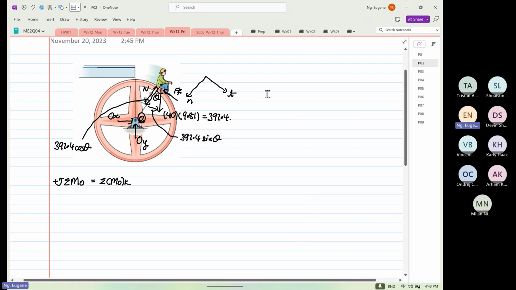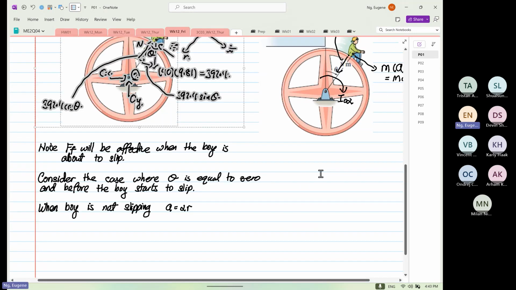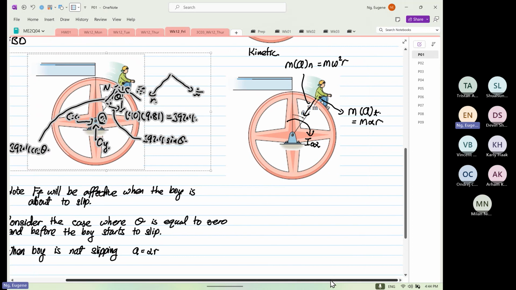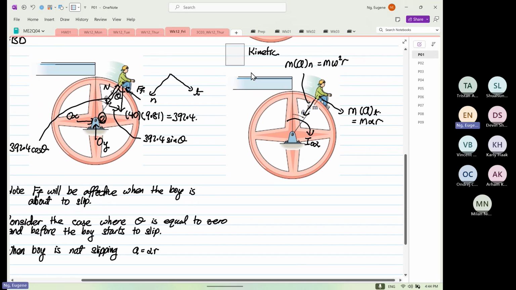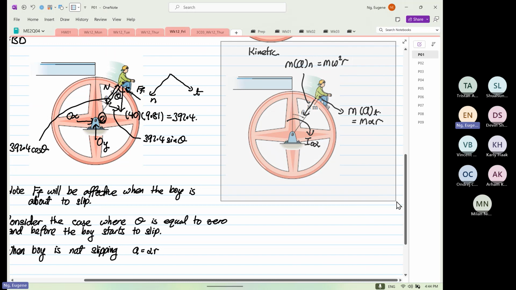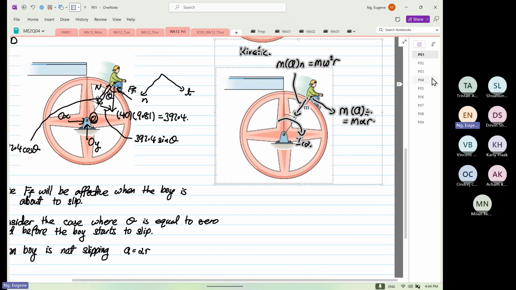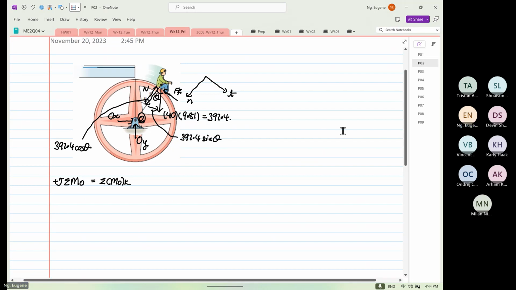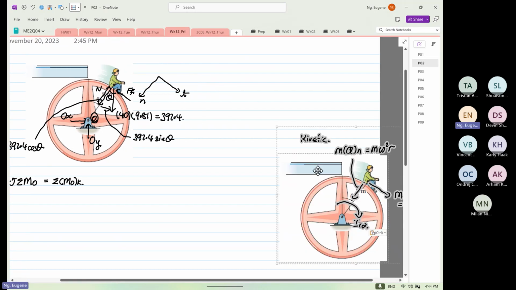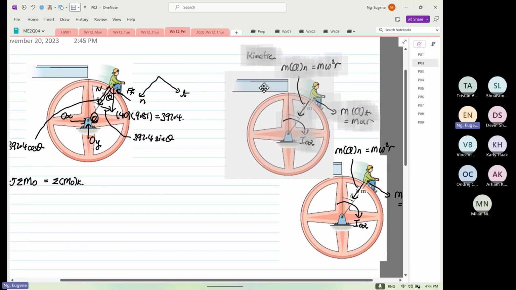Now for this case, there is a very strong reason why we do that. I've tried other ways, and the working seems to be ridiculous. So this is the best way. And why do we do that?